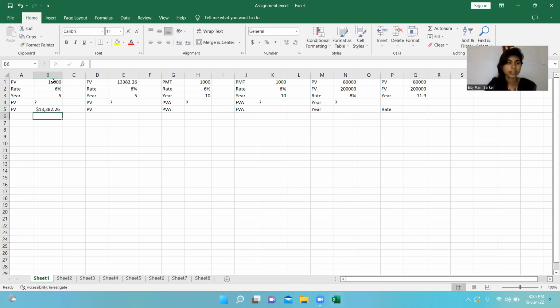We get the answer 13,382.26. Then I calculate the present value. Here the future value is 13,382.26 and rate is 6%, year is 5.